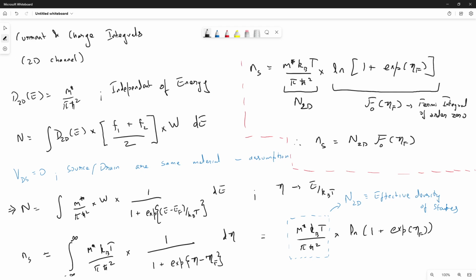So whenever we have a charge integral, F0 will occur in the case of a 2D channel. Now tell me what Fermi integral will occur in the case of a 1D channel. Just figure out what will change and guess what will happen.